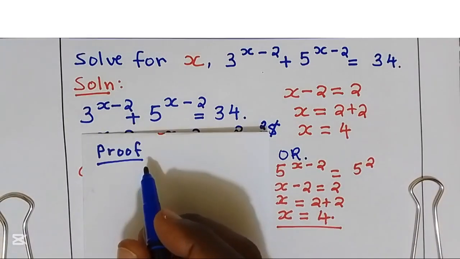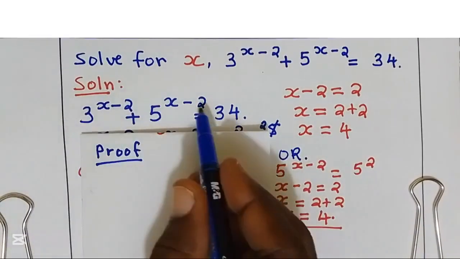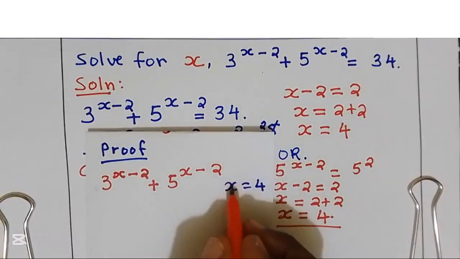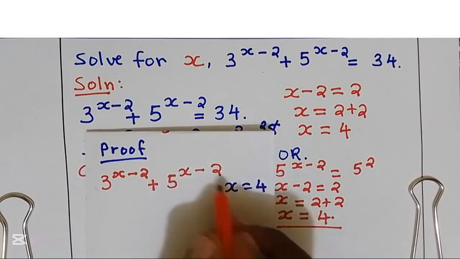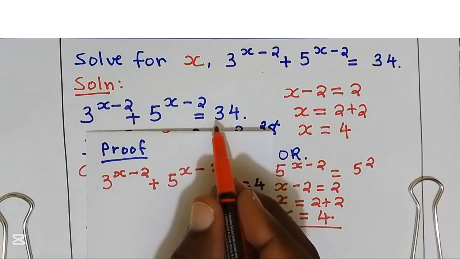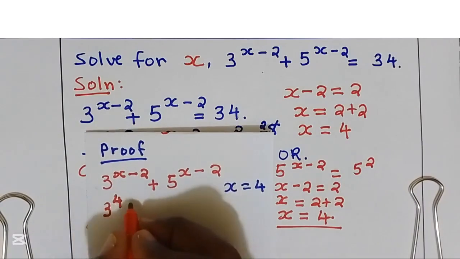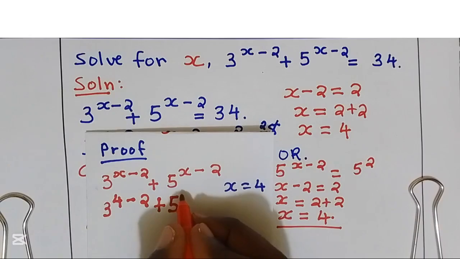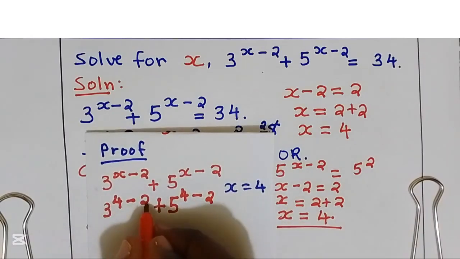Let us prove by substituting x is equal to 4 into our equation that we are going to get 34. We have 3^(4-2) plus 5^(4-2). 4 minus 2 is 2.